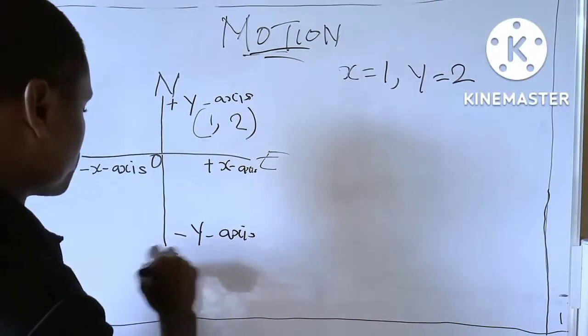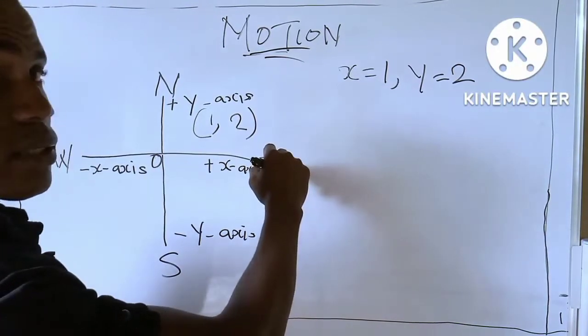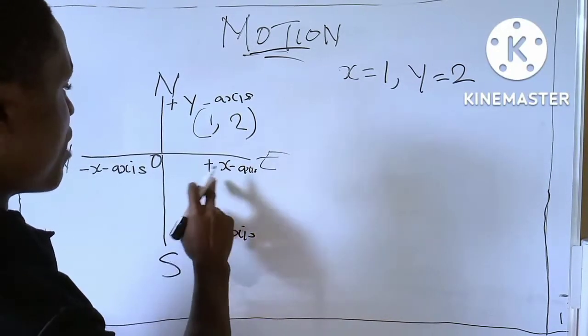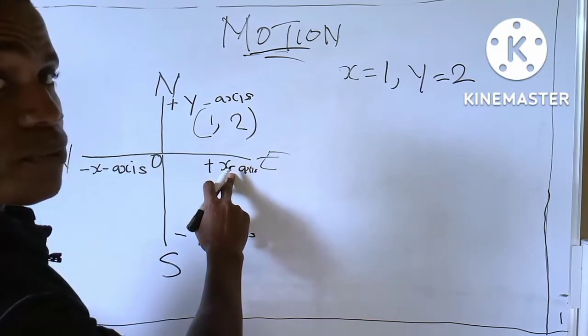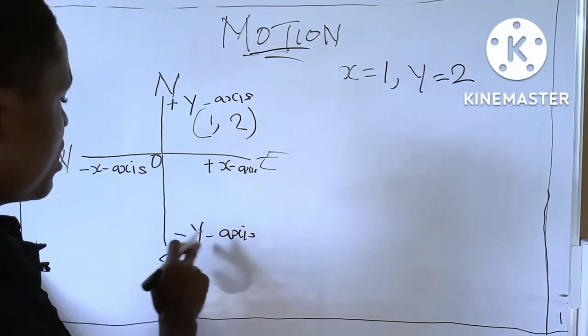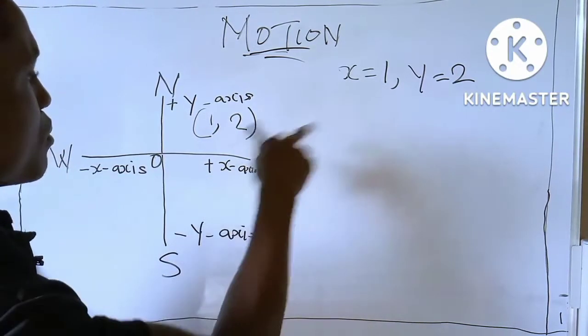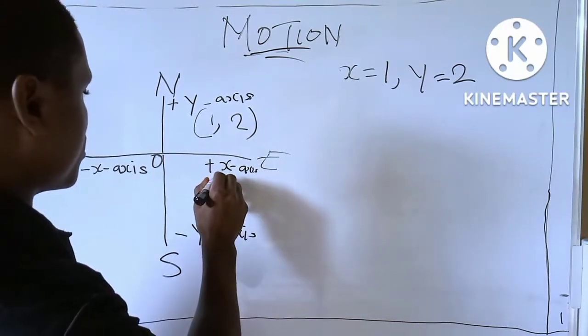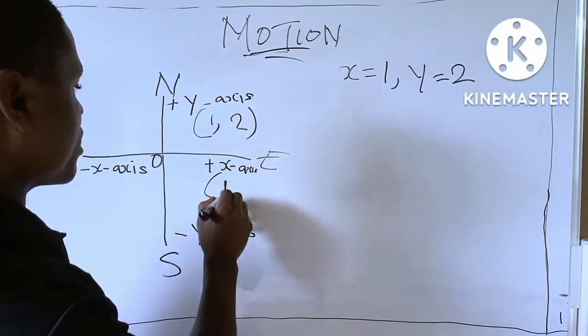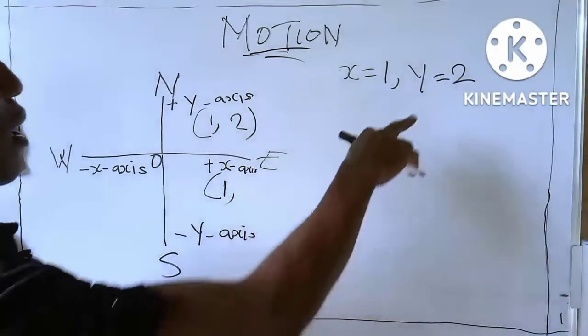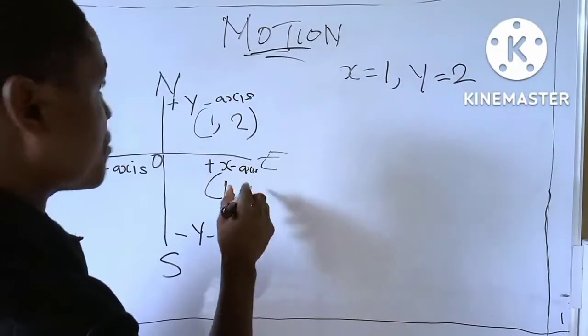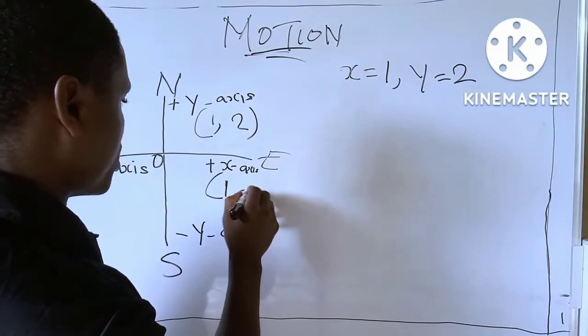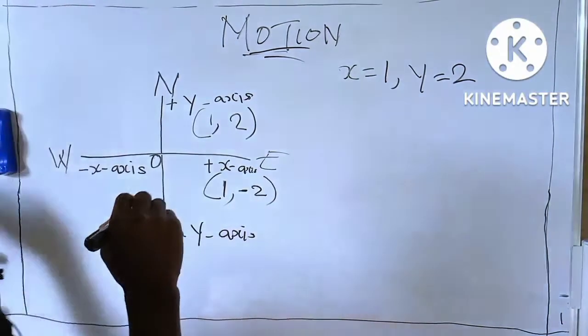Here we have southeast, which has positive x and negative y. Positive x, we have 1 here, and negative y, which is minus 2 here.